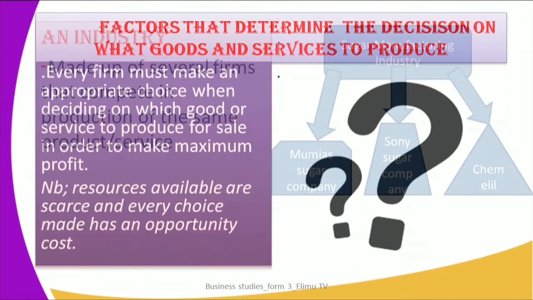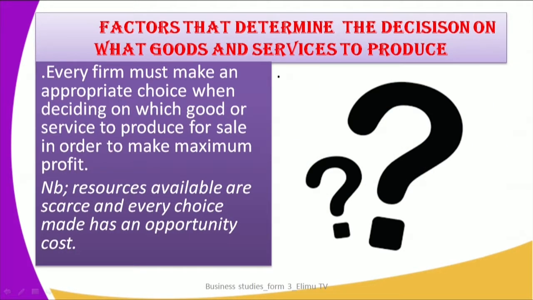I've said earlier that anytime a number of individuals come together to start a farm or an industry, they have to settle on what to produce, and they should make sure that they are right. There are a number of factors to be considered before such decisions are made, because it's bad to go for a product that does not have any benefits.